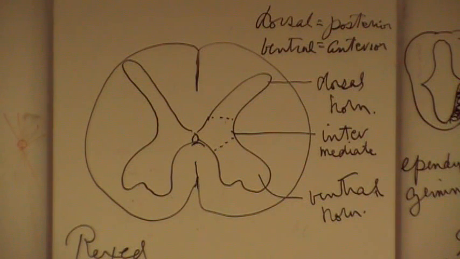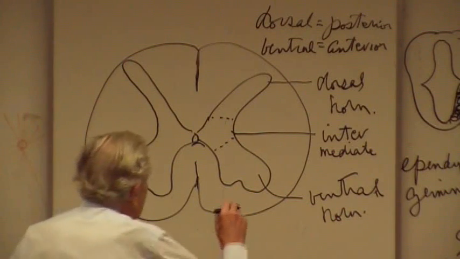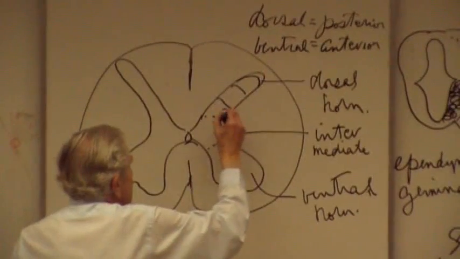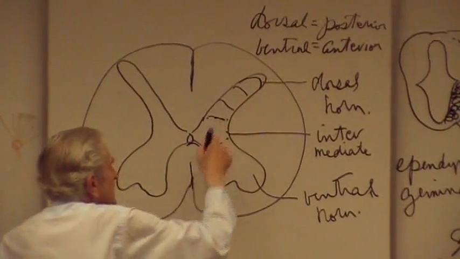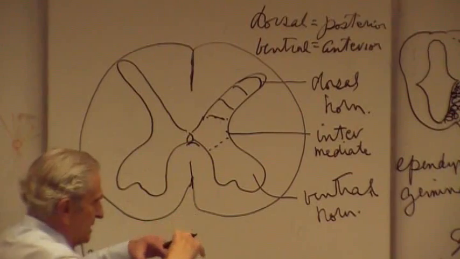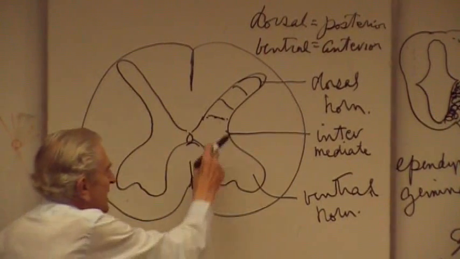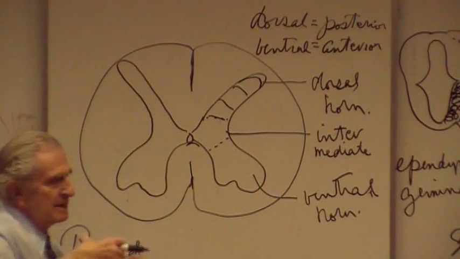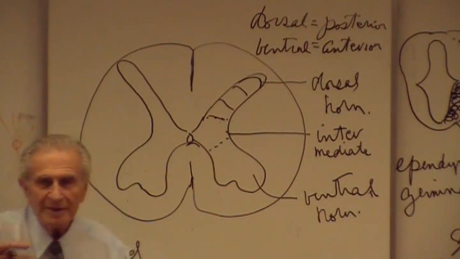So the Rexed laminae, 10 layers in the spinal cord, represent today very modern thinking about organization of the gray matter. All that I'm going to ask you to remember is that the laminae up here, the first one is very thin, these are involved with sensory influx coming into the spinal cord. You have neurons here that are involved primarily in what we call relationship.